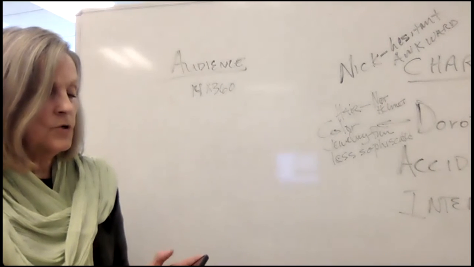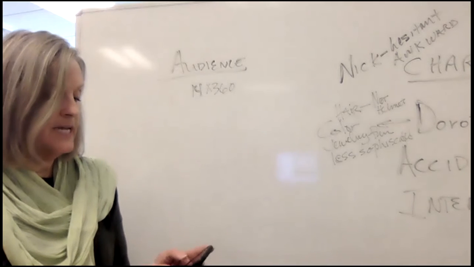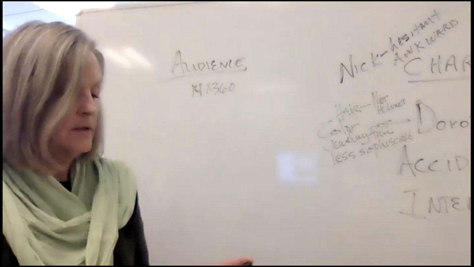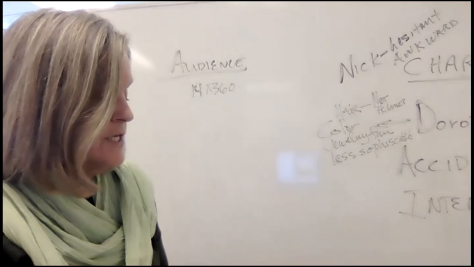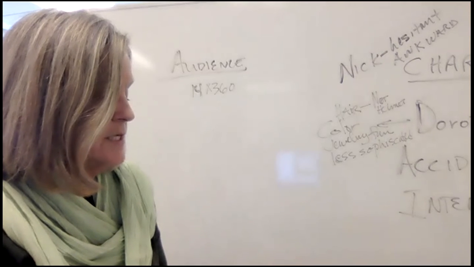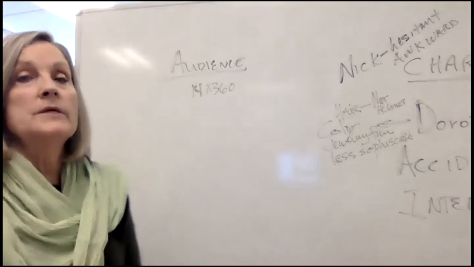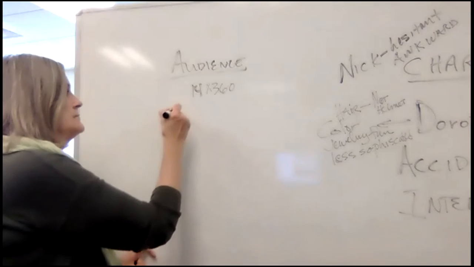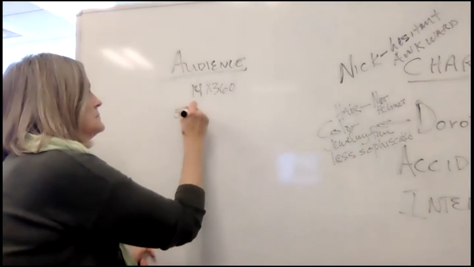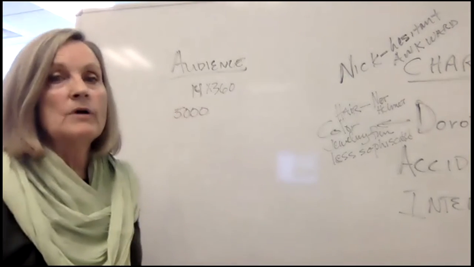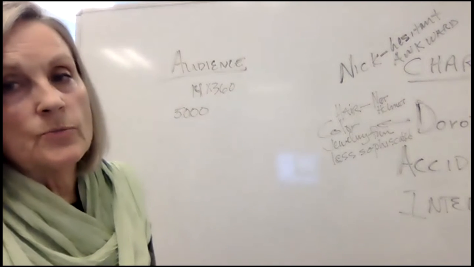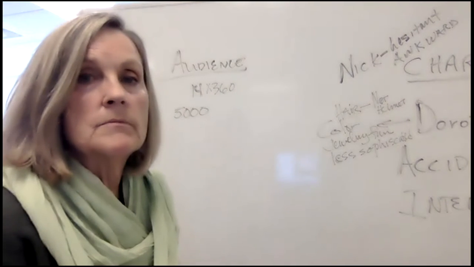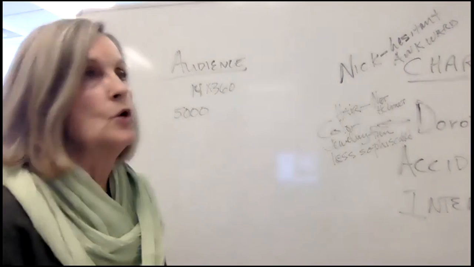Where are my quickly finger snapping folks there? So 14 times 360 is roughly 5,000 people. Are we going to have 5,000 students come and see the play, even if it's at an academic place? No.